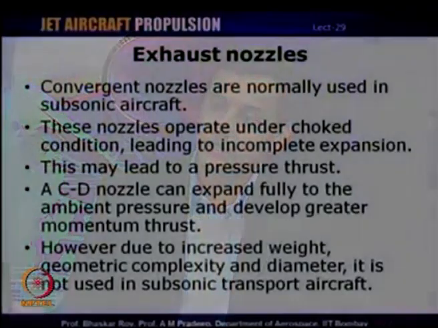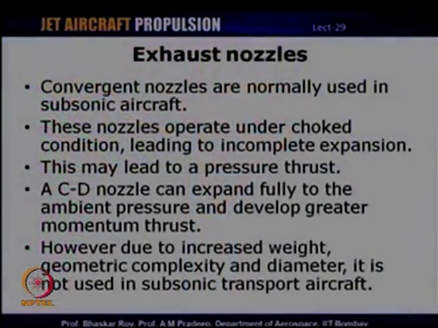A convergent nozzle, which is normally used in subsonic aircraft, normally operates under choked conditions, which means that the exit Mach number is unity, and we have an incomplete expansion taking place in the nozzle. This can lead to the formation of a pressure thrust, as we have seen earlier: an incomplete expansion at the exit, wherein there is a difference between the nozzle exit pressure and the ambient pressure, can lead to a pressure thrust term, which could be either positive or negative depending upon how the expansion is done.